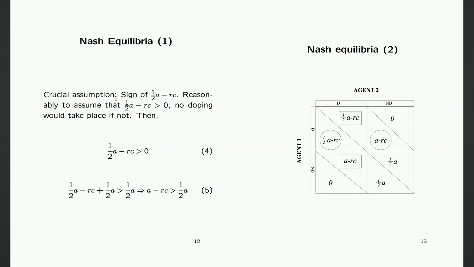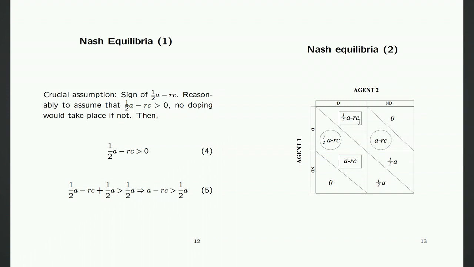The crucial assumption here is actually the sign of this term, half A minus RC. We say the following here: it is reasonable to assume that half A minus RC should be positive. If half A minus RC is not positive, if it's negative, then this best reply circle here is moving down there.